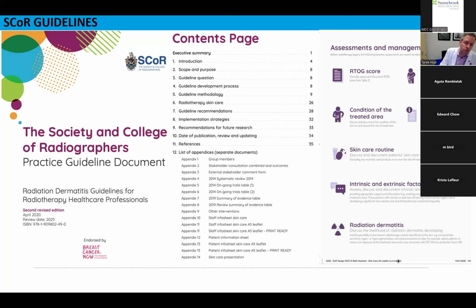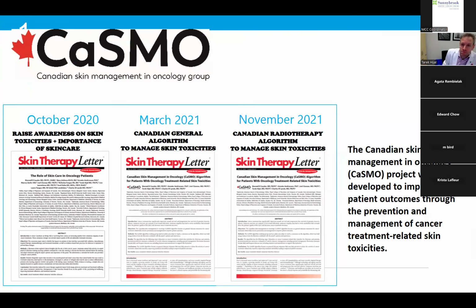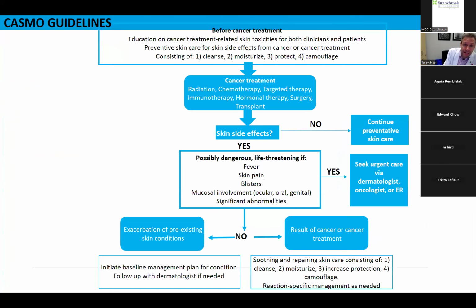And I'm showing you a few. This is the one from the UK, the Society and College of Radiographers, 200 pages on practice guidelines for dermatitis. CASMO was a group of oncologists, radiation oncologists, who also published several papers on the management and prevention of dermatitis.